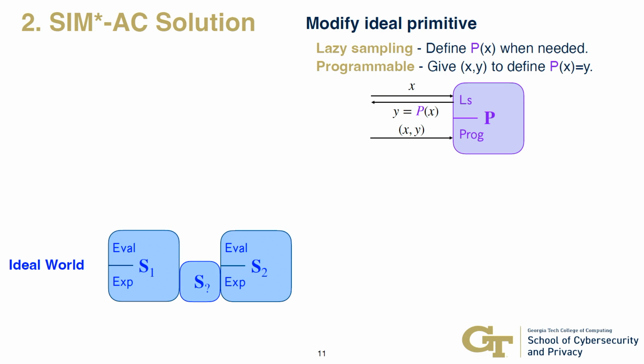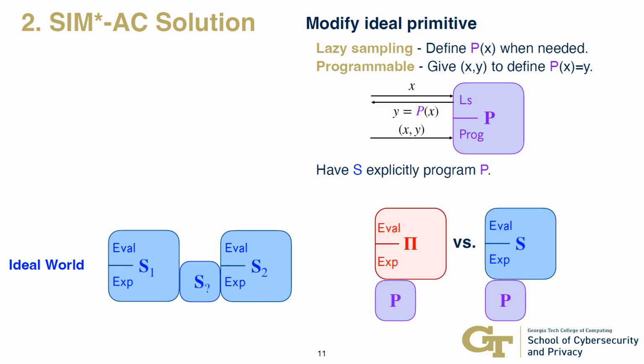And secondly, we're going to add a backdoor interface into the ideal primitive where we let someone give it an X and Y and say, please make P of X equal Y. So let's change our SimAC definitions to get Sim star AC, where now both worlds use this modified ideal primitive, and importantly, in the ideal world, the simulator is given access to this backdoor interface.